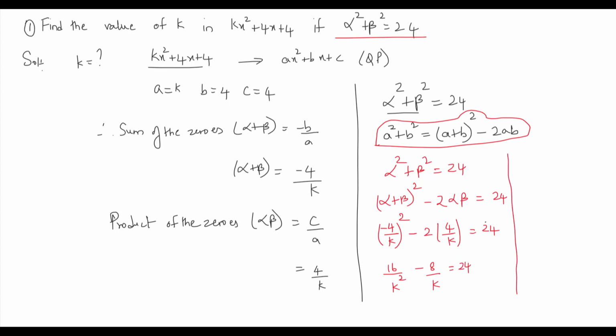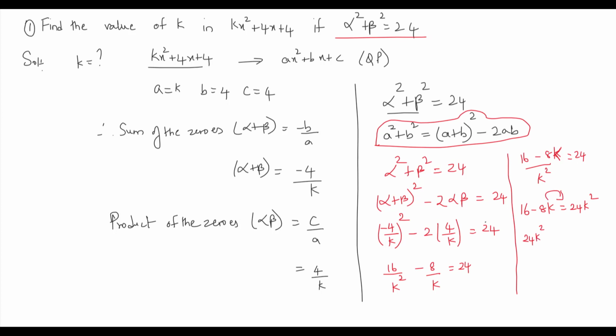By taking the LCM of k square and k, we'll be left with k square. This will be 16 and this will be 8k, which is equal to 24. So 16 minus 8k is equal to 24k square.